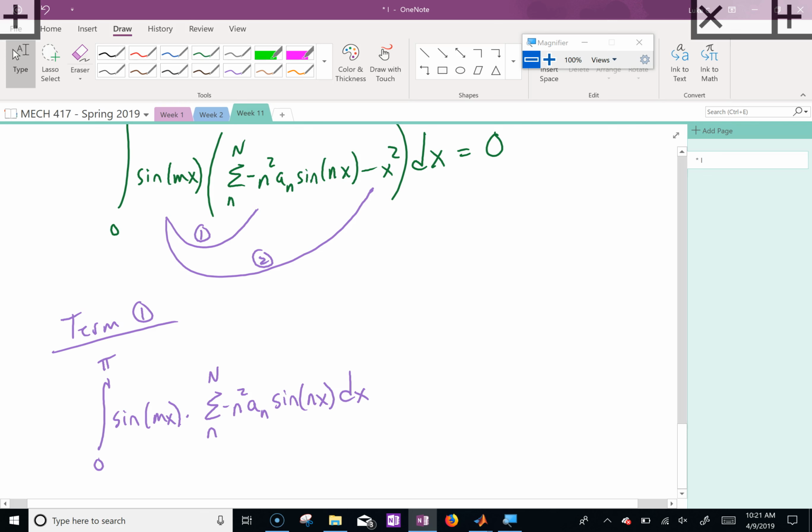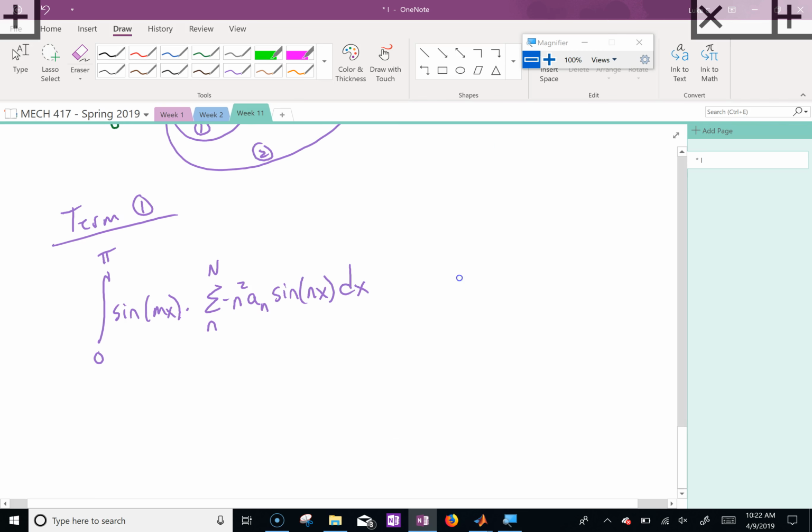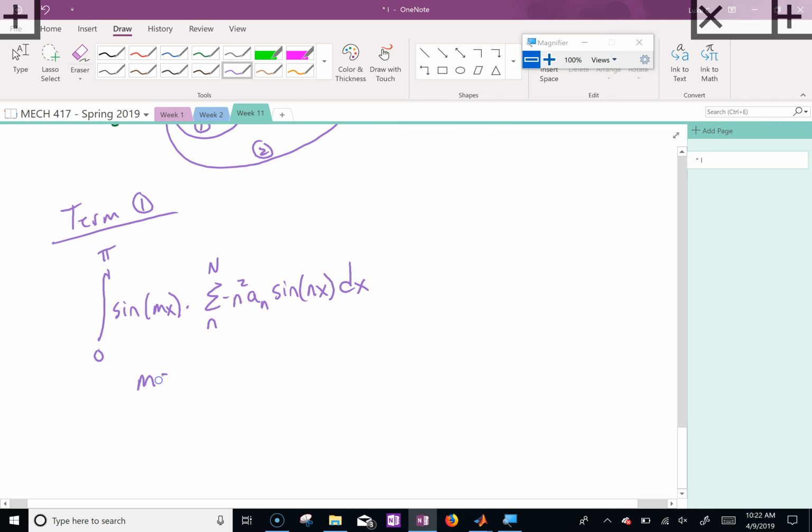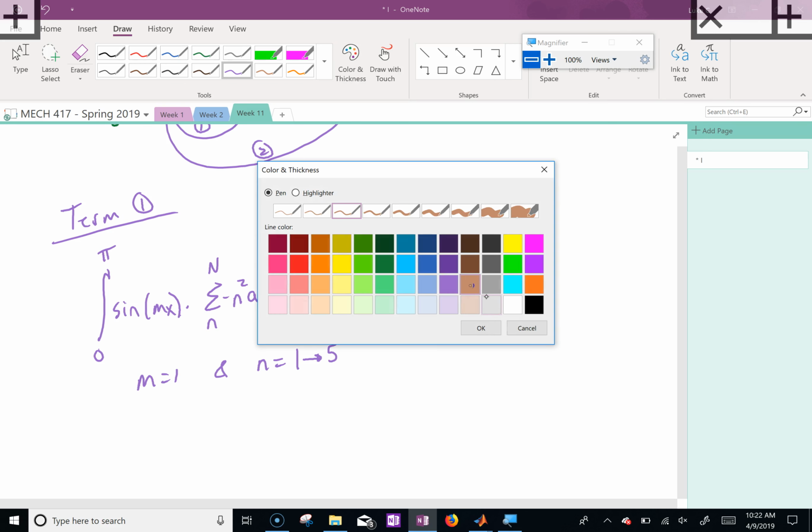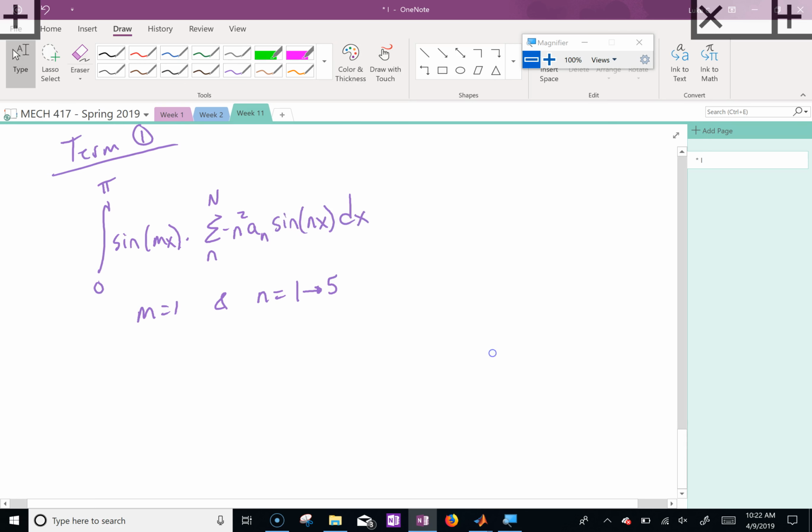Okay, and I'm going to show you with numbers what happens to this term. So we're going to pick m is 1, and n will go from 1 to 5. So let's rewrite this to show you how this is actually written.